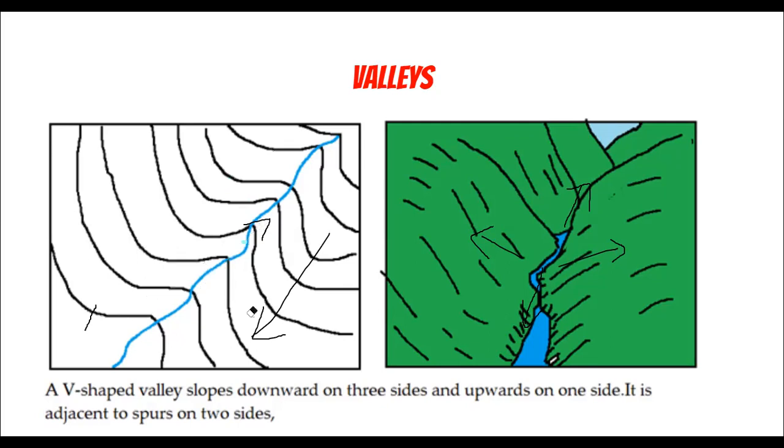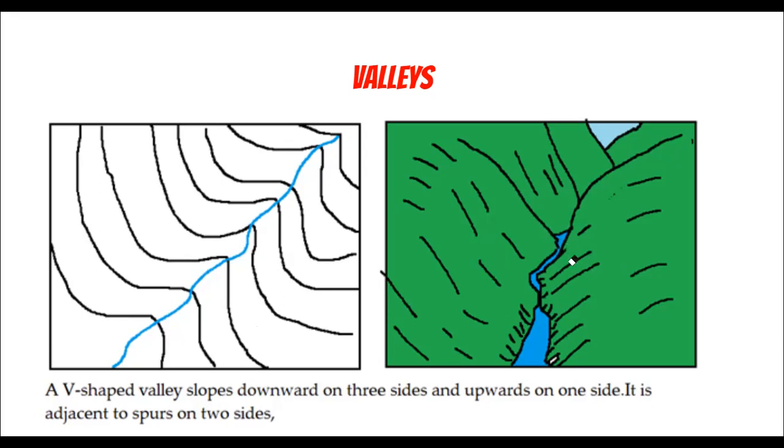Valleys, of course, will vary from one place to another. So even along a river's course, as we said, this is obviously showing an area that is in the upper course. But what usually happens is that as we move closer to the mouth, the valleys tend to get wider, and as they get wider, the spurs are usually eroded away.